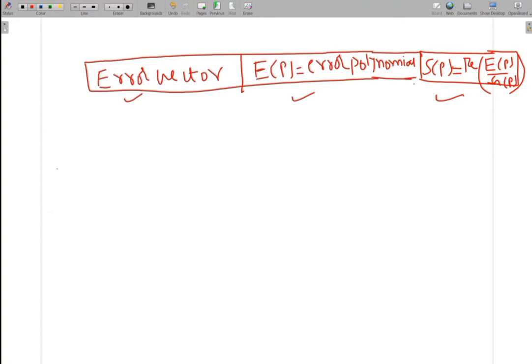Determine the error polynomial, which is very helpful to correct the received code word.